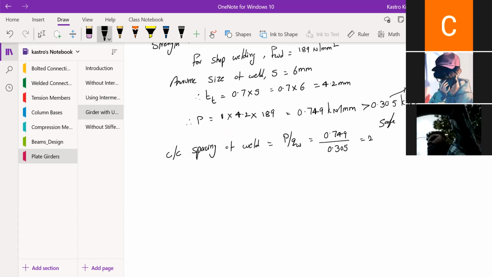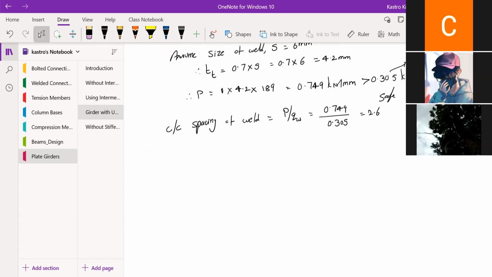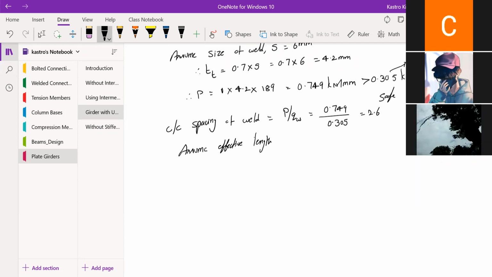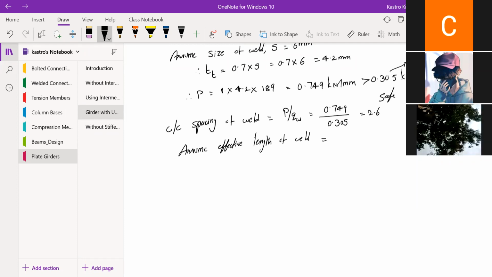So which will give you 2.6. Now here the effective length of weld has to be assumed as 100 mm. So these are the constant terms. Assume effective length of weld as 100 mm. Make sure you remember this value.